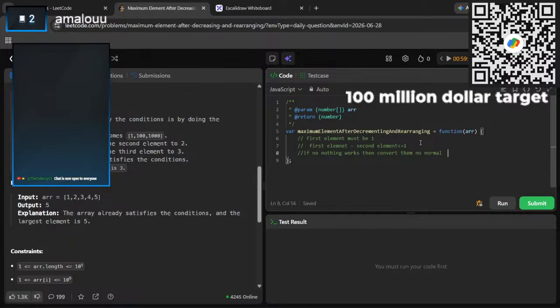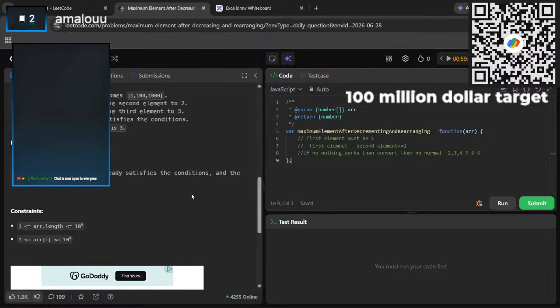One will be present every time, I guess. If 1 is not there, then we can't do anything. One should be present, so either we have to convert to 2, 3, 4, whatever number. Even 2, 3, 4, 5, 6 will not give me the right answer. Yeah, it can give, since it is in order.